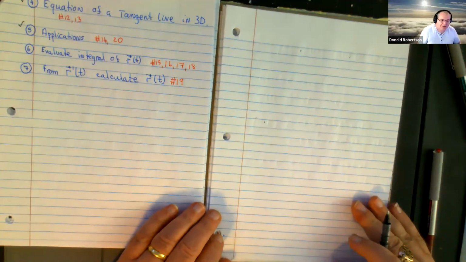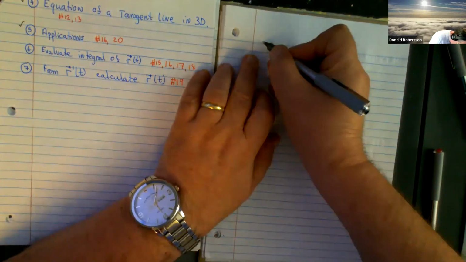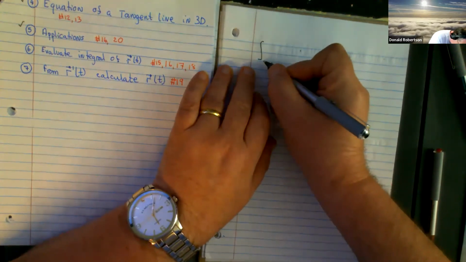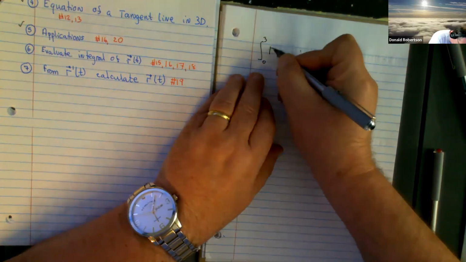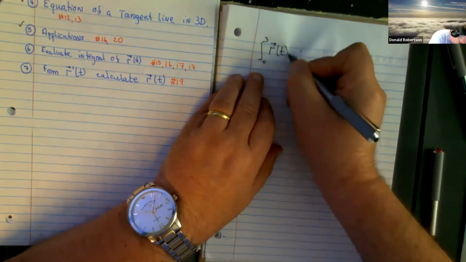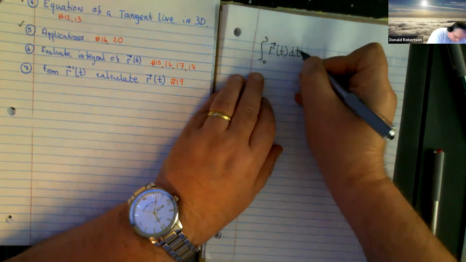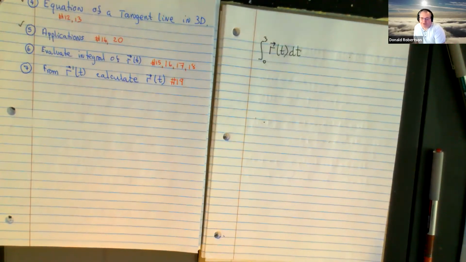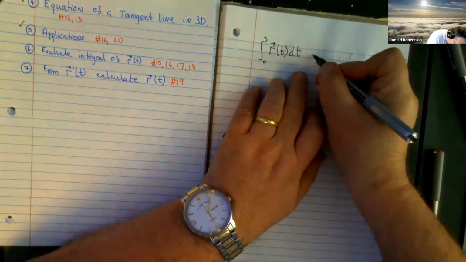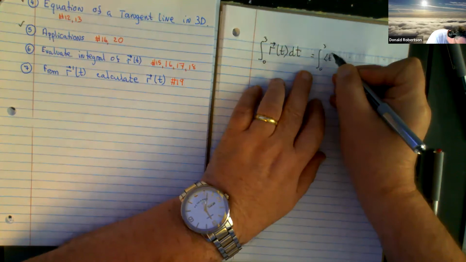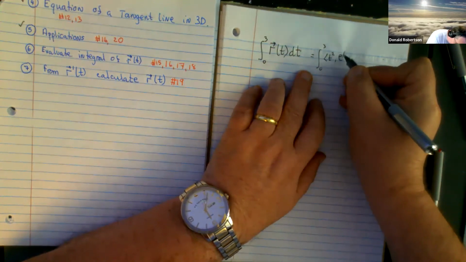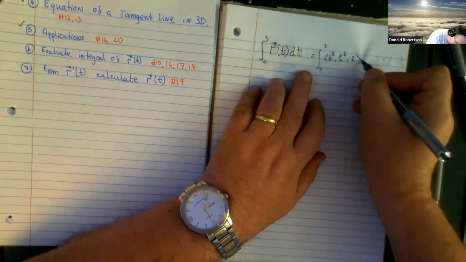How to evaluate an integral. This is what an integral would look like. That's the integral of a space curve. If I put a little bit more meat on it: 0, 3, t squared, e to the t, 2.